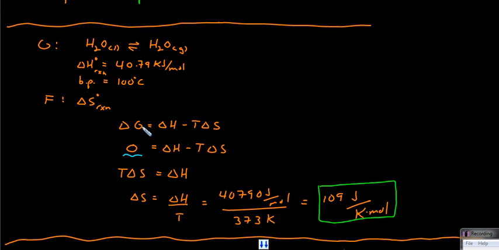It's at equilibrium at that boiling point. That's defined as being at equilibrium. So we can plug in for temperature as being 373 Kelvin, and we know our value of delta H. We know delta G is equal to 0. We can solve for delta S. Rearrange the equation and plug in to find delta S is equal to 109 joules per Kelvin mole.